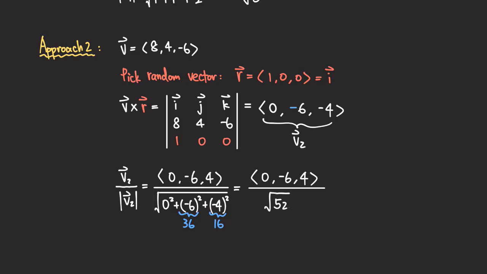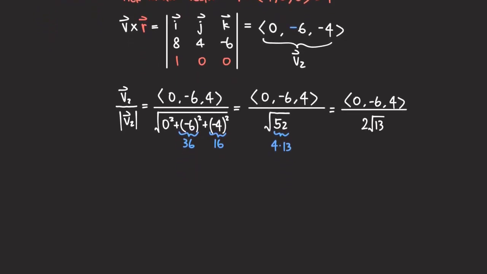As you know, 52 can be broken up as 4 times 13. The 4 is a perfect square, so you just get a 2. So we get 0, -6, and then 4, and at the bottom we get 2 square root of 13, as you can see. Then we simplify this to get the answer.